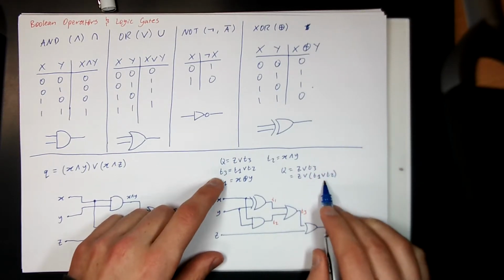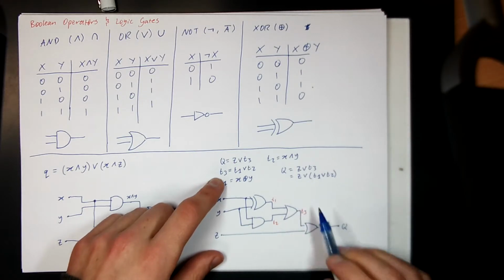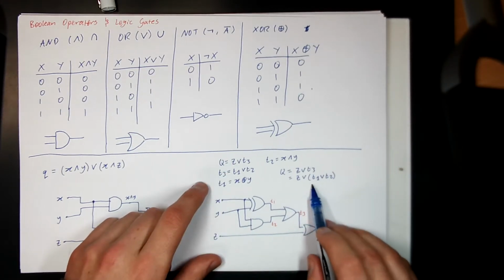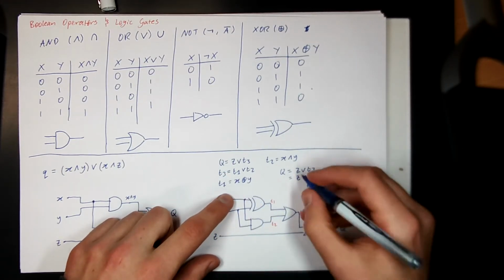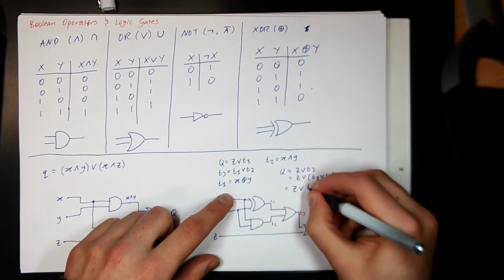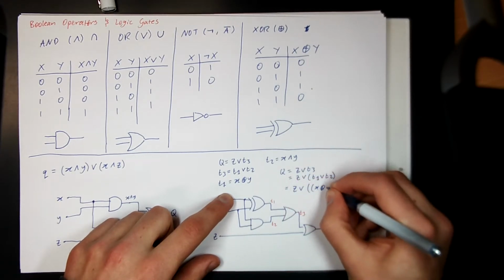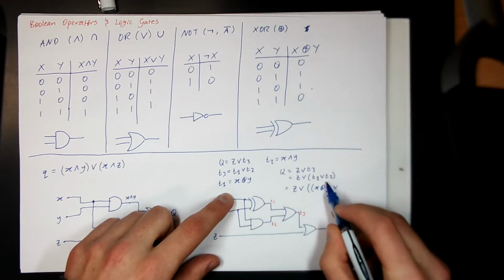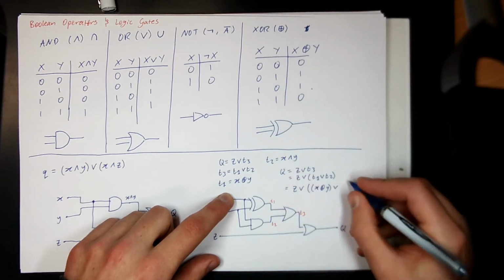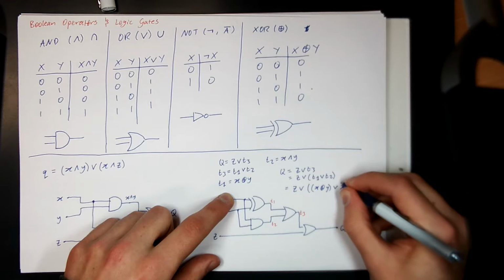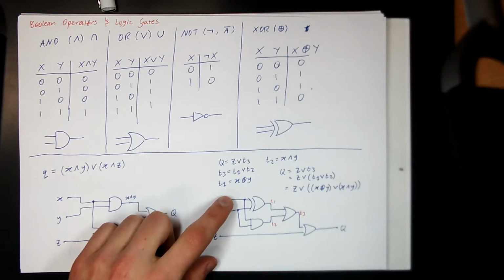And you always want to put brackets, otherwise you might introduce ambiguities. Here I'm not introducing ambiguities, but I might. T1 is X XOR Y, logical OR T2. T2 was X and Y. Okay?